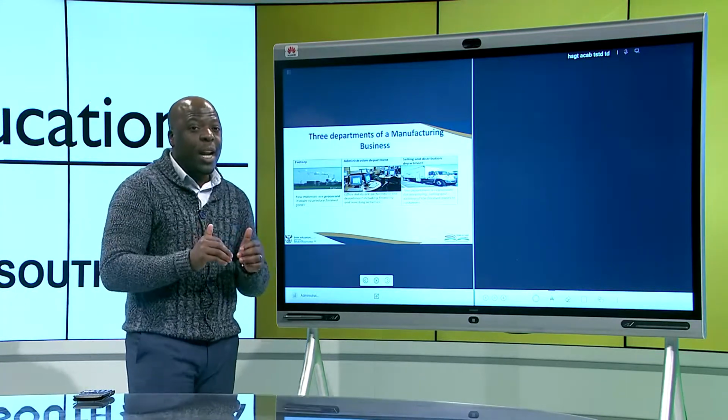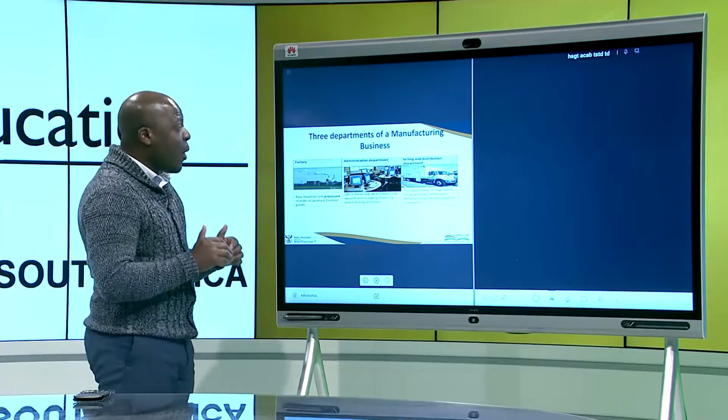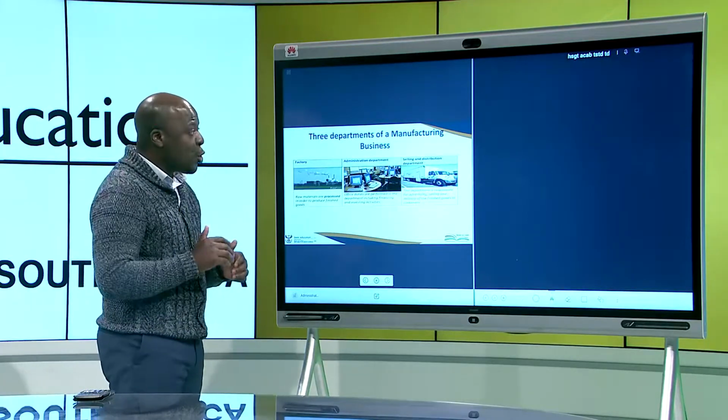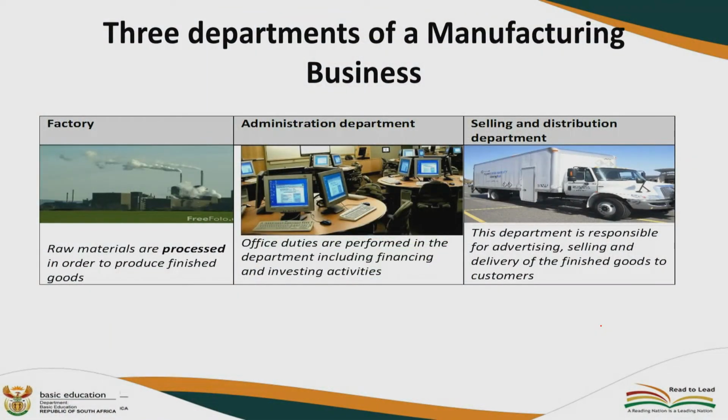So you should now understand that if we are going to make the dress now, we should incur other expenses which we were not incurring all the time when we were buying a finished dress and putting it on the hanger. That means now we are going to have what is known as a factory. All right?